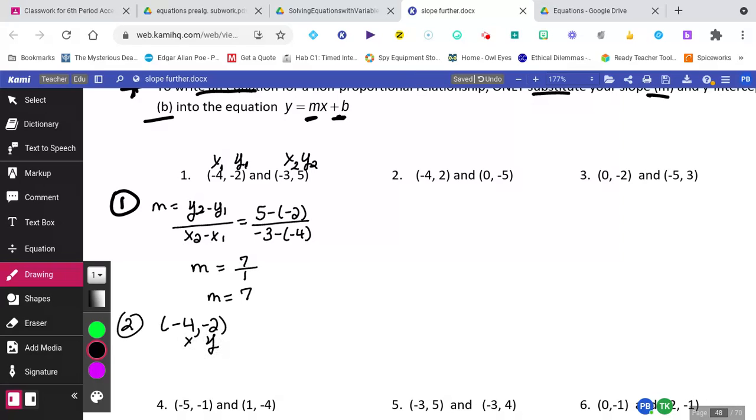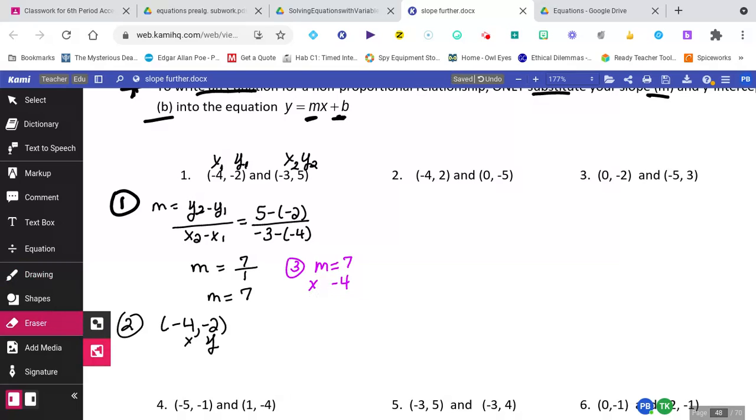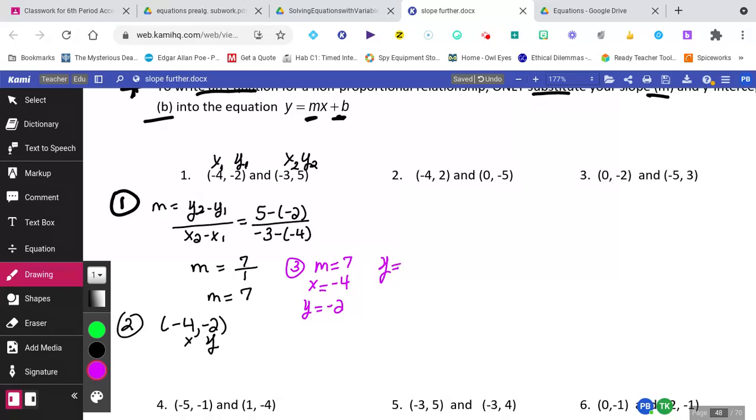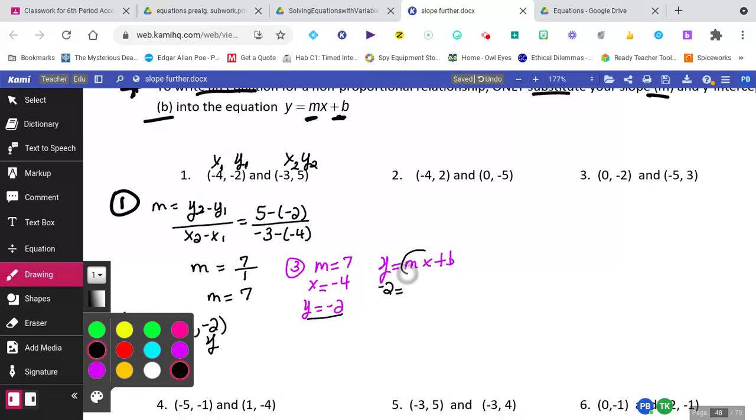And the third thing you're going to do is substitute an m of 7, an x of negative 4, and a y of negative 2 into the equation y equals mx plus b. So y is going to change to negative 2. Again, when this is mashed together, it's multiplication. M is going to change to 7 times x, which is negative 4, plus b.